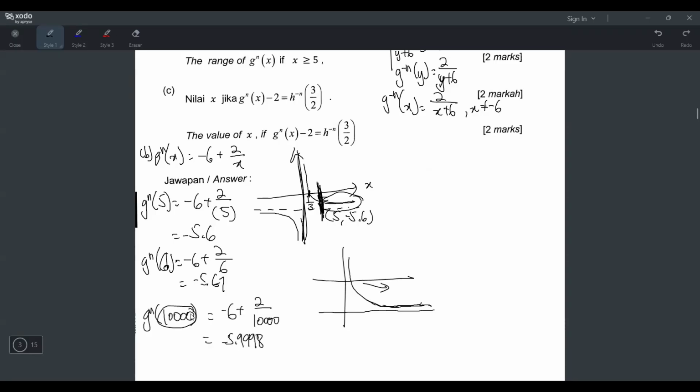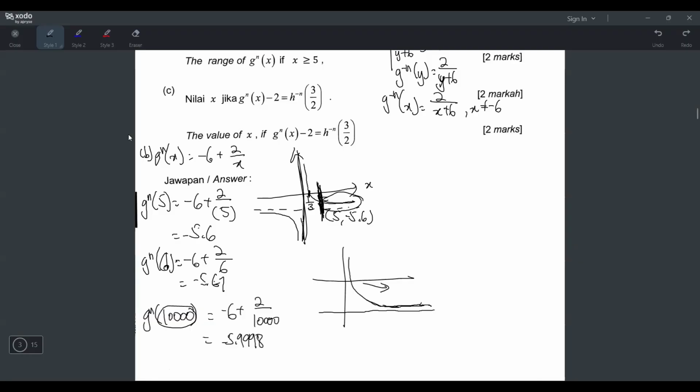If you make this value bigger, this value will just get nearer and nearer to -6. It will not be lower than -6. It's not possible. It will just get closer to -6. It will not go below -6. That's the meaning. So if I make it even bigger, if I put 1 million here, your calculator will straight away give you -6.